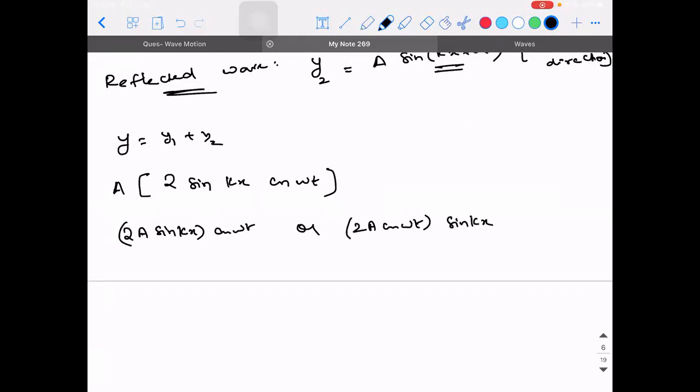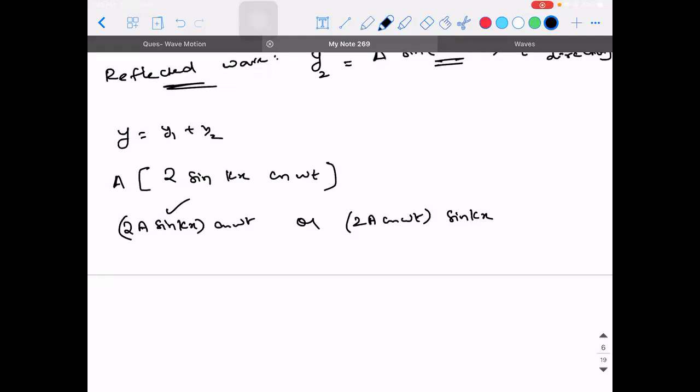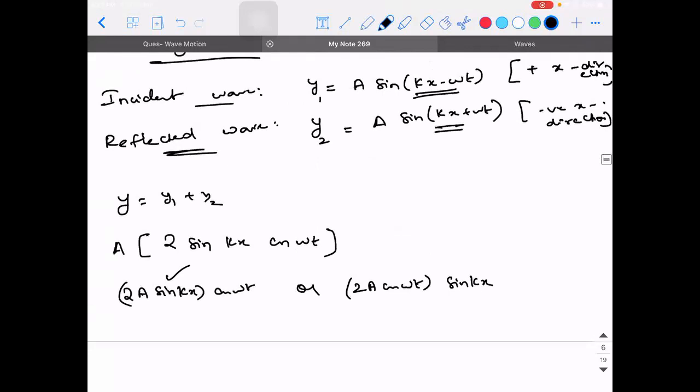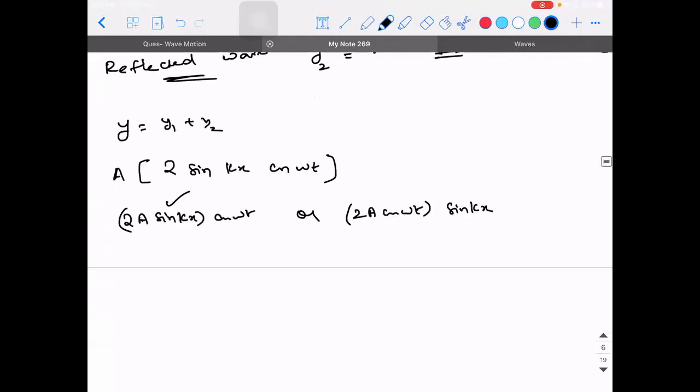Which one should I prefer? So the first one. You will take the first one into consideration, because what is the name of this wave that I told you? It's a standing wave. Correct? So this equation represents the equation of a standing wave.